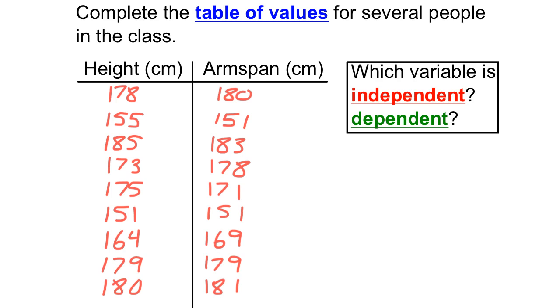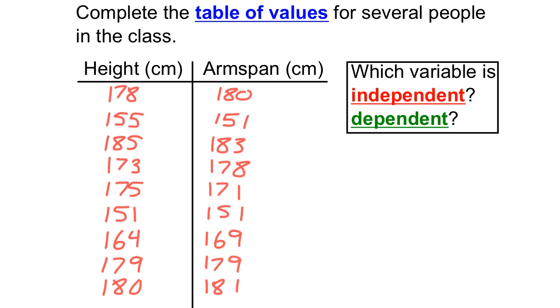So for our purposes, we have to think, does your height depend on how long your arms are? Or does how long your arms are depend on how tall you are? So sometimes the relationship might be a little unclear which is dependent on the other.